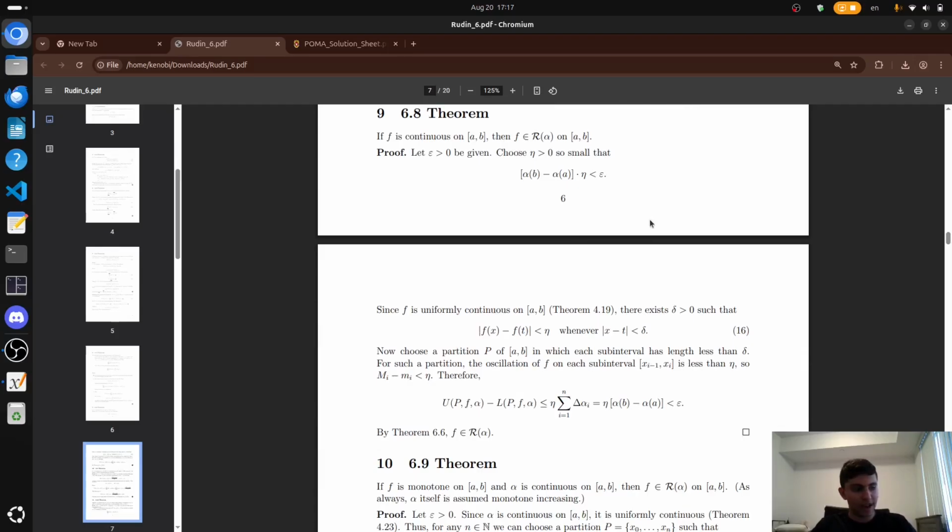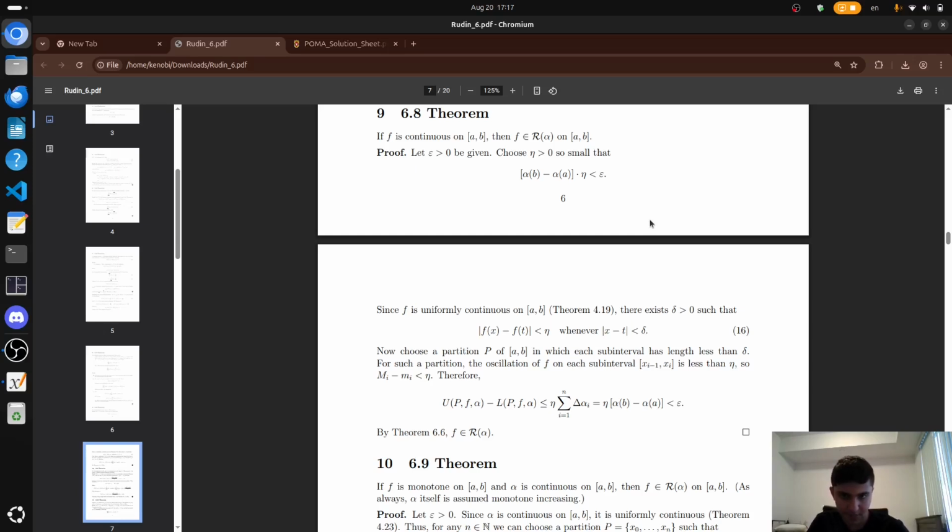Now we have the following theorem. If f is continuous on [a,b], then f is R alpha on [a,b]. And here the strategy is to use the definition of continuity.